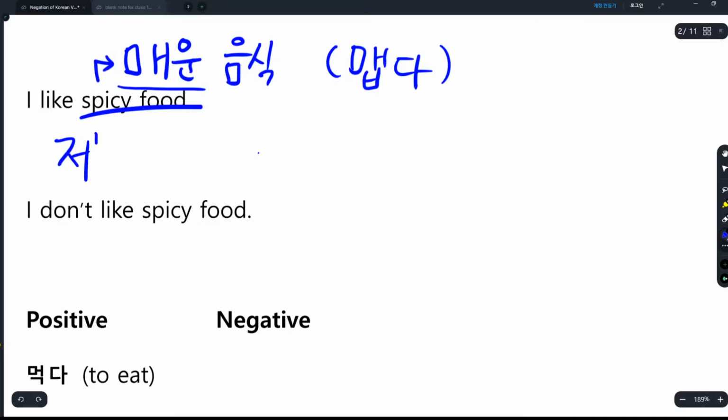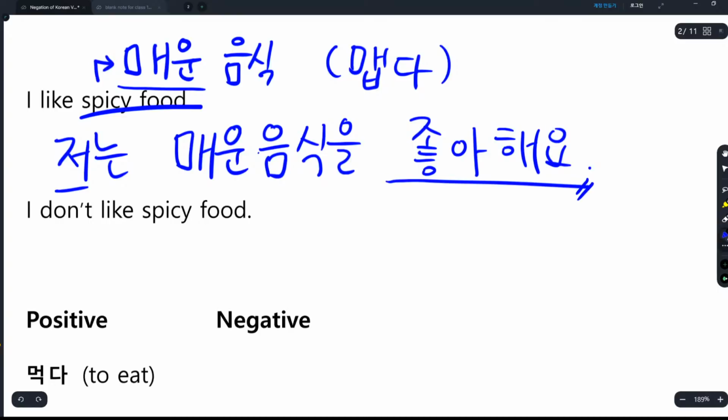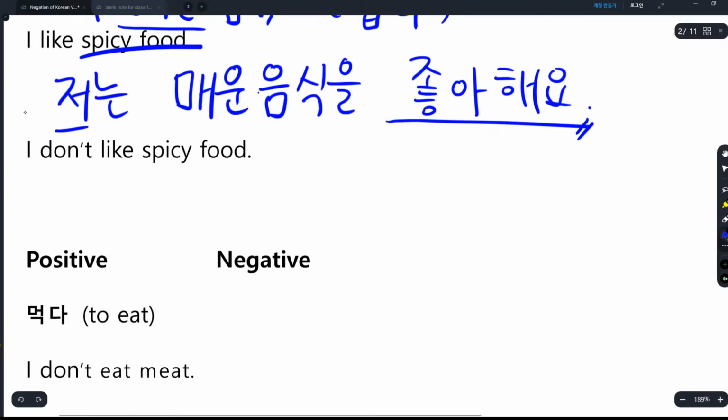So you can say, 저는, and the object of the sentence comes first, right? So 매운 음식을, you can say 좋아해요, right? 좋아하다 conjugated in present tense, 좋아해요. And if you want to write the sentence with the exact opposite meaning, I don't like, you can say 안 좋아해요.